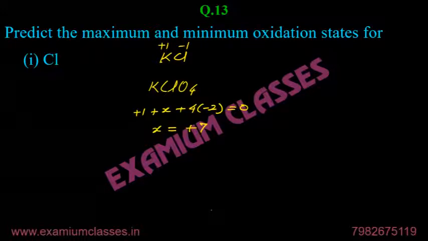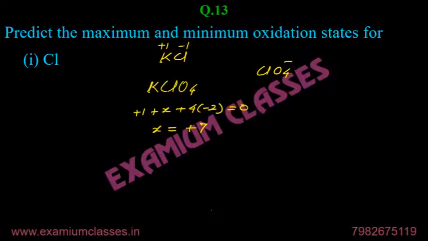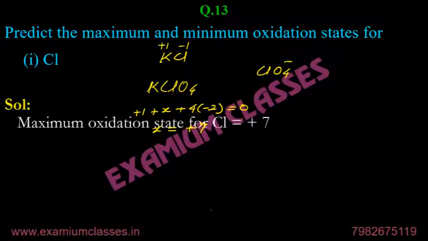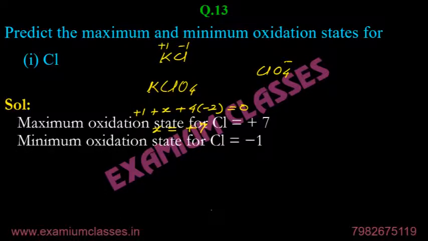So whether it is written as potassium chlorate or only chlorate, it is same thing. You will get oxidation state as plus 7. So for chlorine, maximum oxidation state is plus 7 and minimum is minus 1.